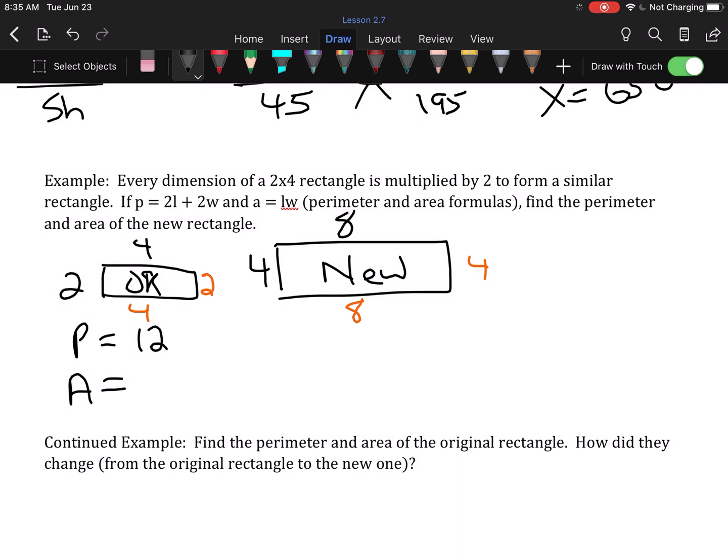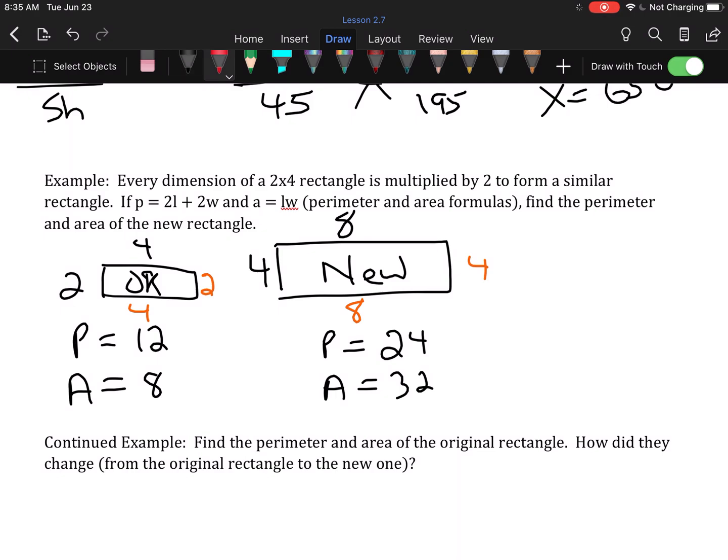The area is just length times width. 2 times 4 is 8. On the new one, perimeter is 4 plus 8 is 12, 4 plus 8 is 12. 2 12s is 24. The new area is 4 times 8, which is 32. How did those change because we doubled?